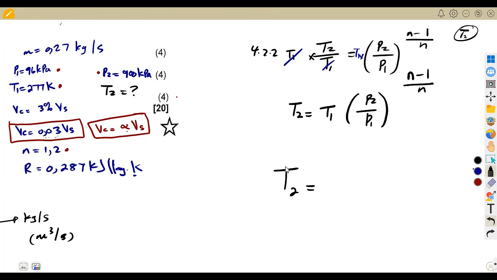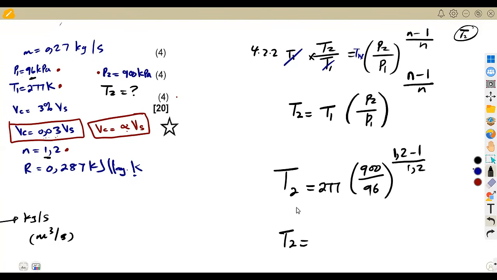That's T1, which is 277, into P2. We've got our pressure here from the information. That's 900 over P1, which is 96, to the exponent of N minus 1. So that's our N, which is 1,2, minus 1 over 1,2. So that's it.